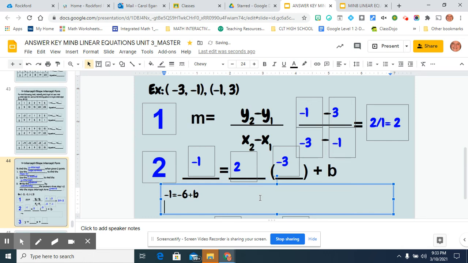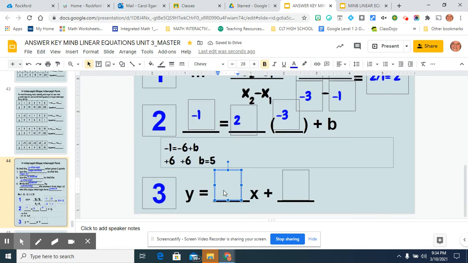And then in order to isolate that b, I'm going to have to do the inverse of -6, which is +6. I have to do that to both sides. And when I do that, I'm left with b equal to -1 plus 6, which is 5.